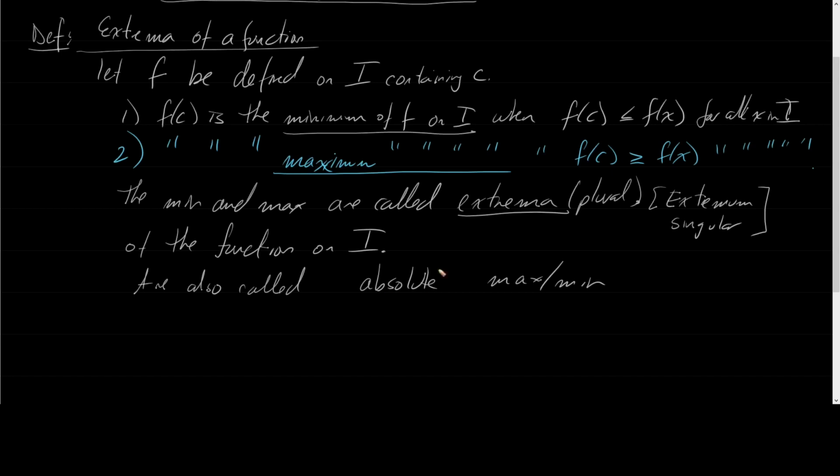Another way to say that is global max or min on the interval. In general, the extrema, the max and min, can occur anywhere in the interval. It can be even at the endpoint.